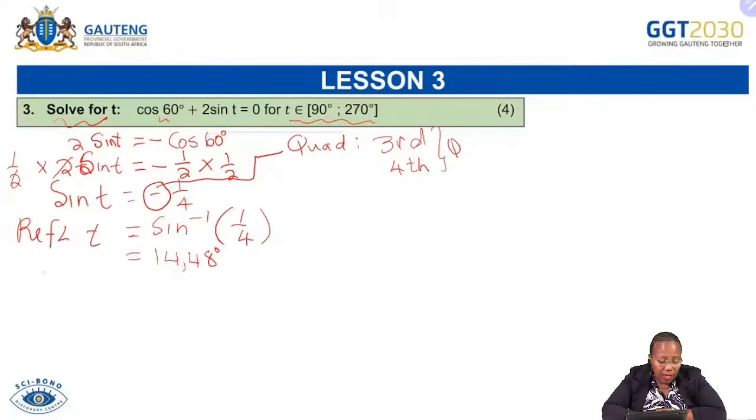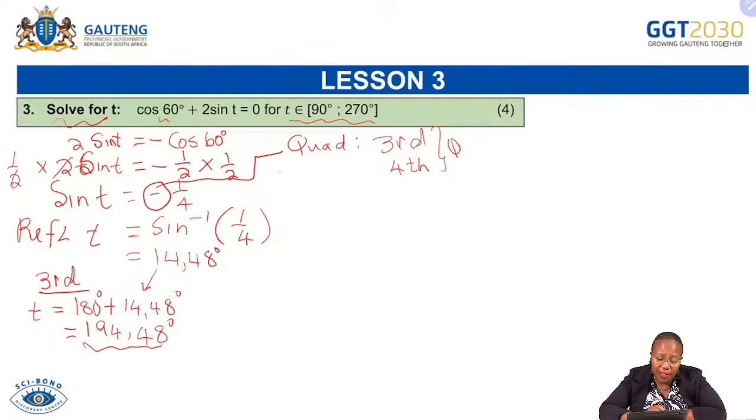In the third quadrant, angle t is equal to the reduction in the third quadrant, 180 degrees plus this 14,48 degrees. And then this is giving us 194,48 degrees. Check the number. Does it lie between 90 and 270?